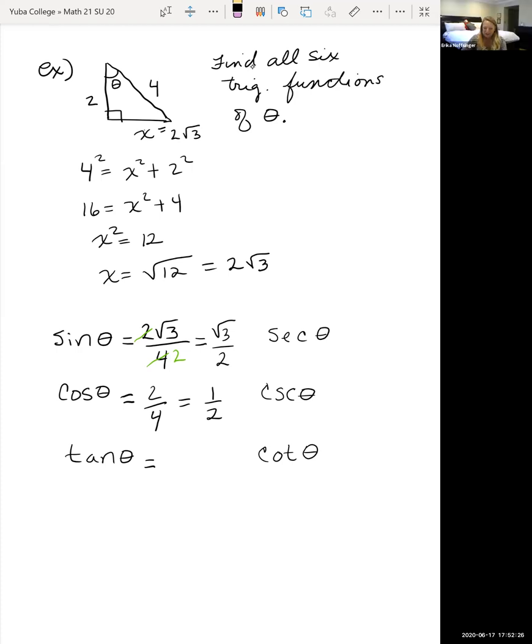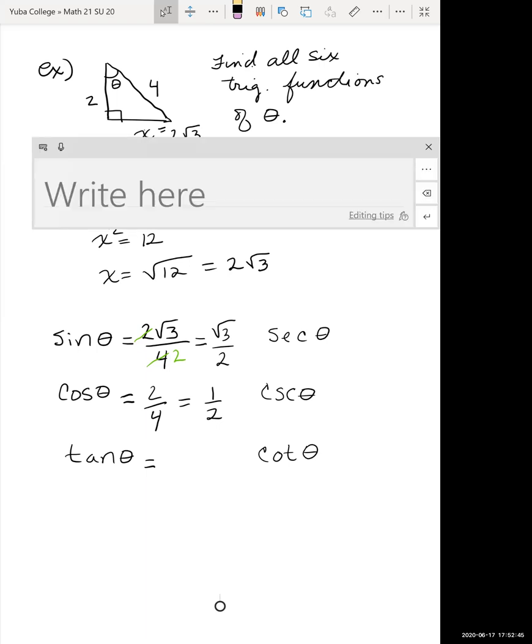Anybody else for tangent theta? I got square root of 3/1. Okay, so square root of 3/1. I don't see square root of 3 or 1 on here, so tell me how you got it from that. All right, so tangent is opposite over adjacent, and then I got 2√3/2.